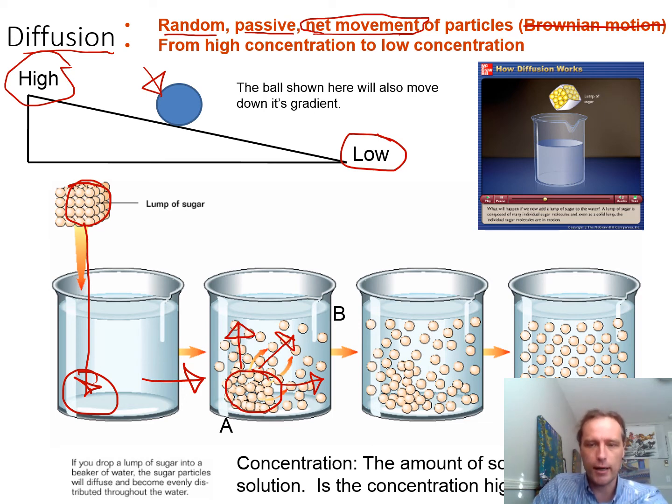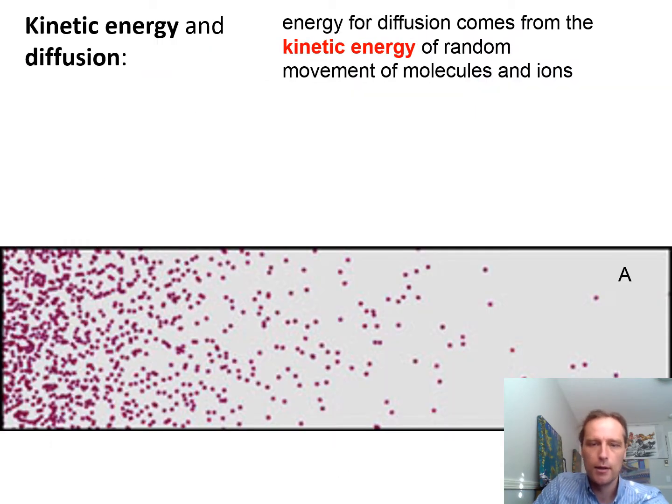I'll explain why in a second. So diffusion means we're going to move from high concentration to low until this state over here, equilibrium, is reached. And at this state, there's going to be an equal concentration of sugar in every part of the beaker. And if you can't read equilibrium, you'll see it later.